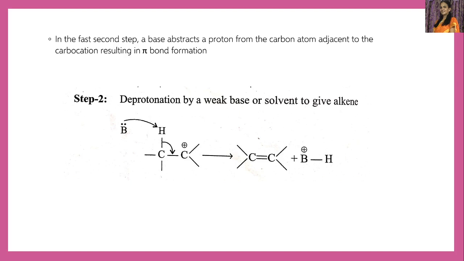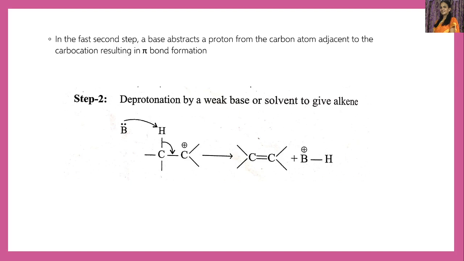A new pi bond is formed between the two carbon atoms because of the loss of H plus. The bond pair of electrons moves in between these two carbon atoms to give a pi bond. So this is deprotonation by a weak base or solvent to give an alkene. These are the two steps involved.